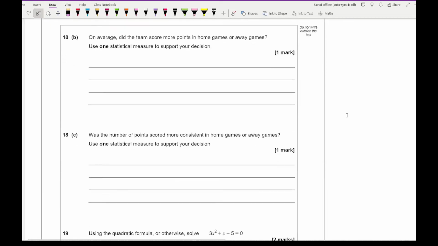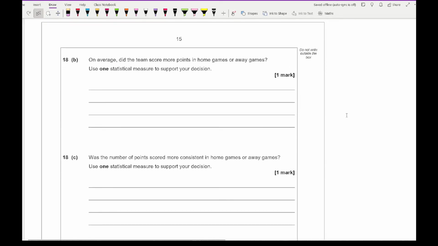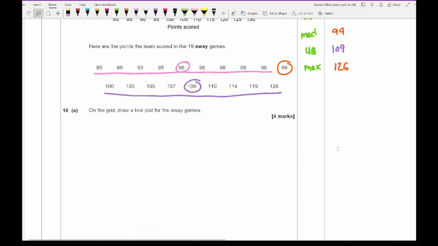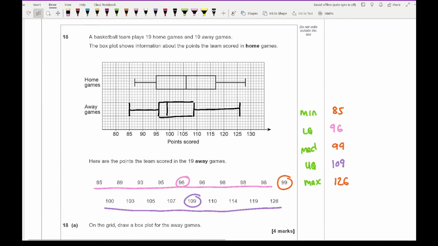Moving on to the next part, it says, on average, did the team score more points in home games or away games? Use one statistical measure to support your decision. So to work out on average, you want to compare the medians. So looking back at the box plot, who's got the higher median? It's the home games.